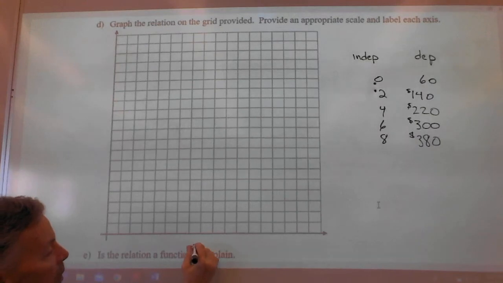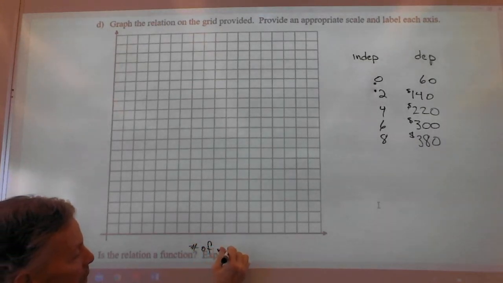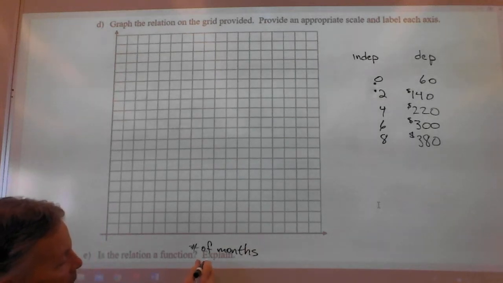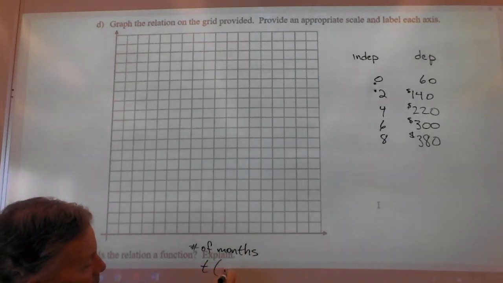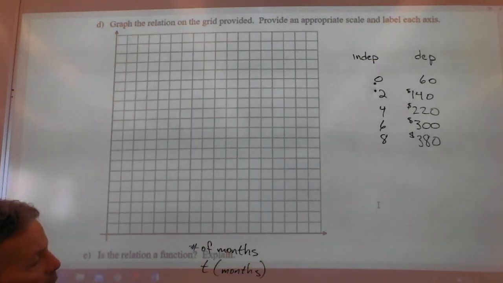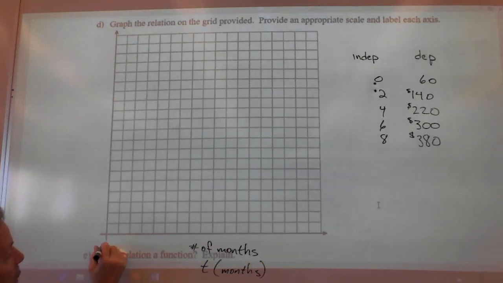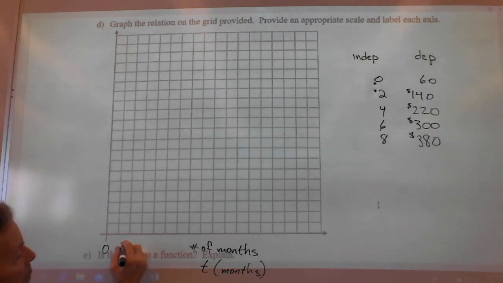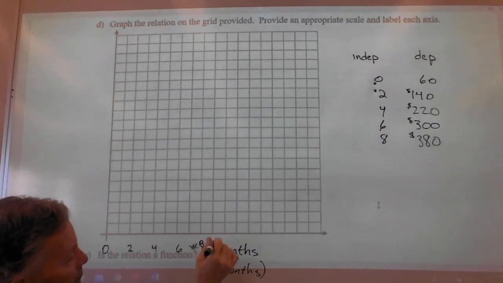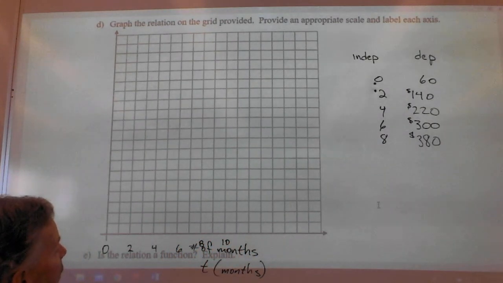So number of months. Another way that you could have written it is simply as time in months. Either of these would be acceptable. We'll start at 0. We'll go up 1 month for each grid space. So 2, 4, 6, 8, 10 months.